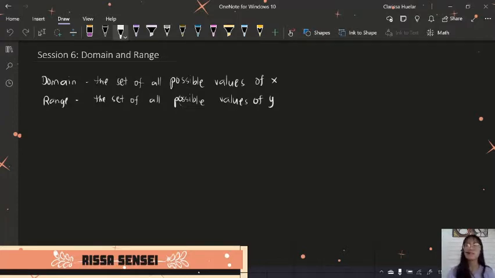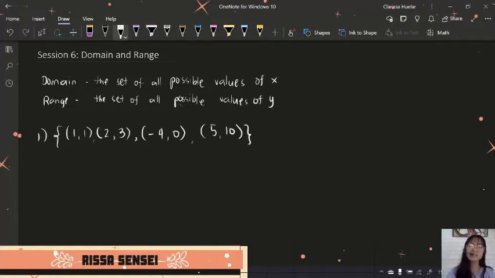Okay. So, madali lang kapag ang given ay ordered pairs. Madali lang natin ma-determine kung ano yung domain and yung range. For example, I have here the set (1, 1), (2, 3), (-4, 0), (5, 10). Okay? Paano natin malalaman yung domain?